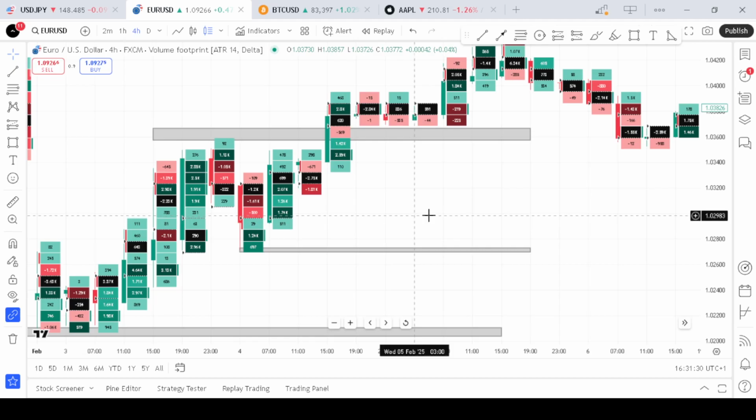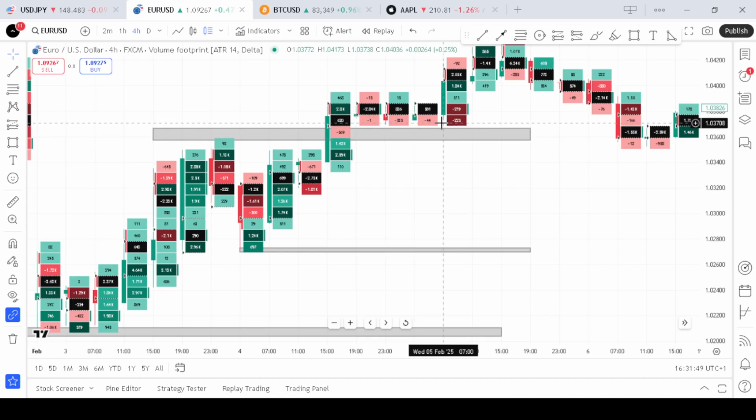Remember, we have to zoom in on these levels using the volume footprint chart. As price approaches these critical levels, we have to analyze the volume profile for confirmation or divergence.